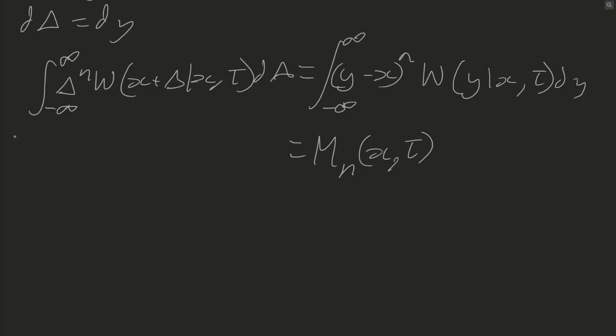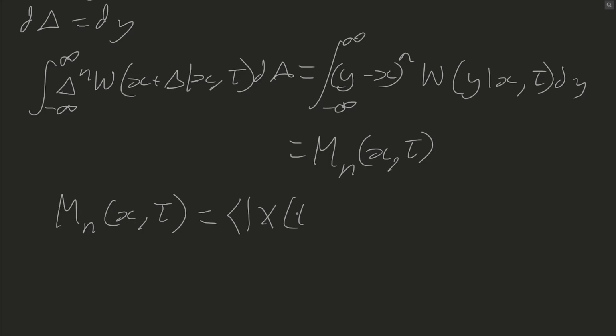So we can define this further. M sub n of x, tau. That's my tau. I think it's evolved a bit, but hopefully you know what that means. Bring in some bracket notation. Hopefully that's clear. These are going to be really bad. Sorry.